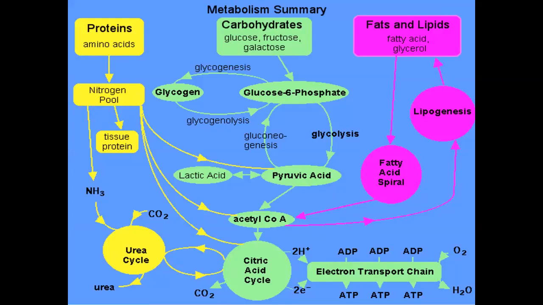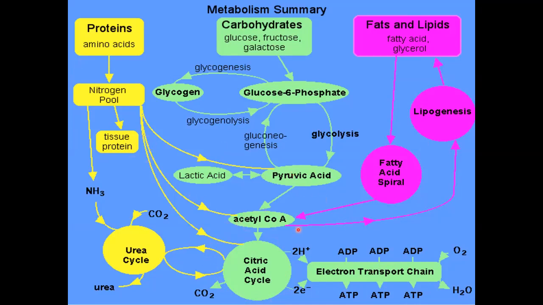We're going to walk through carbohydrates first, breaking them down. The key point of this slide, here's the citric acid cycle or Krebs cycle, goes into electron transport. That's where we're making our ATPs. But if you notice, they all feed into that, whether you're doing proteins, carbs, or fats, and they all also feed into each other.